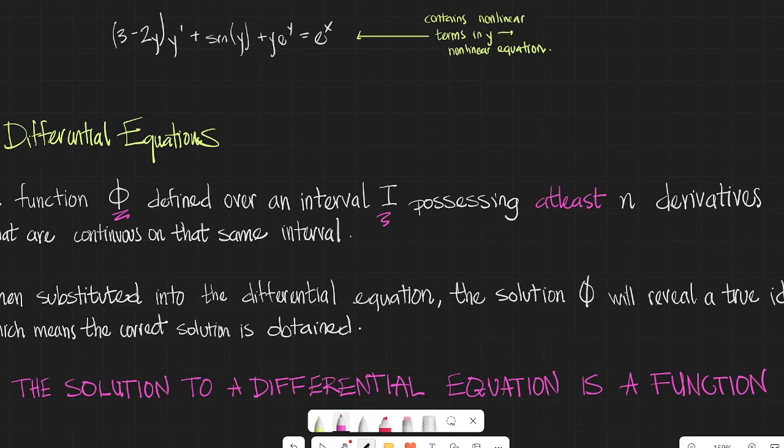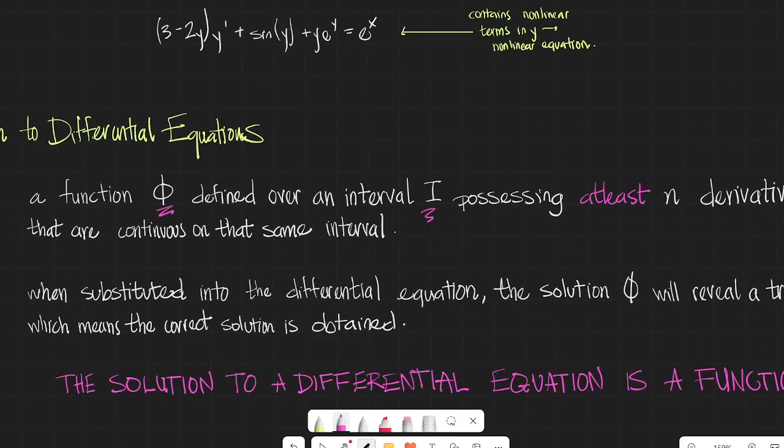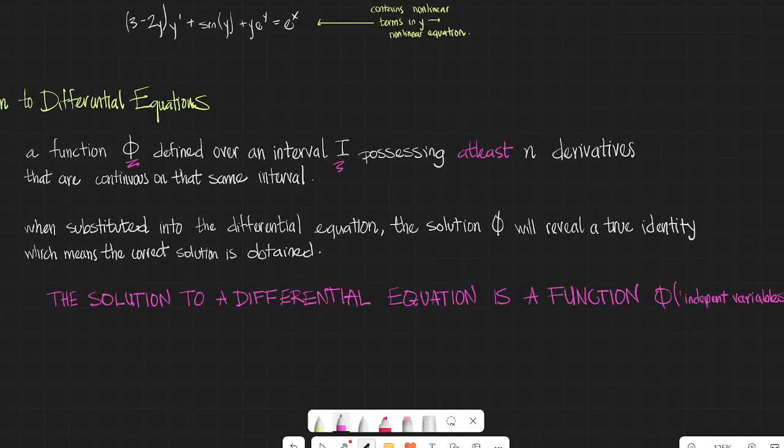Okay, so we have to be able to take the derivatives as many times as the highest order of the diffeq in the interval that we are considering. And so when you substitute this function phi into, I can't remember if that's phi or psi, the differential equation, the solution phi, if you plug that into the diffeq, it will reveal a true identity.